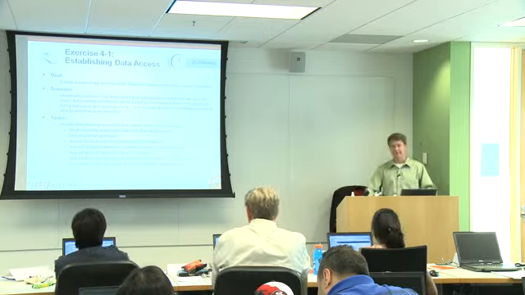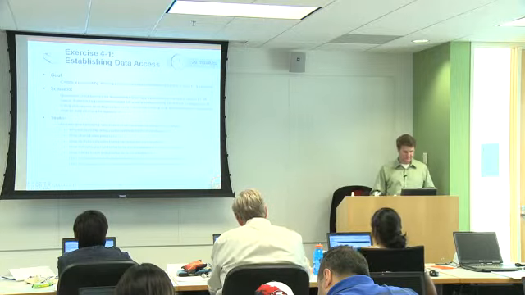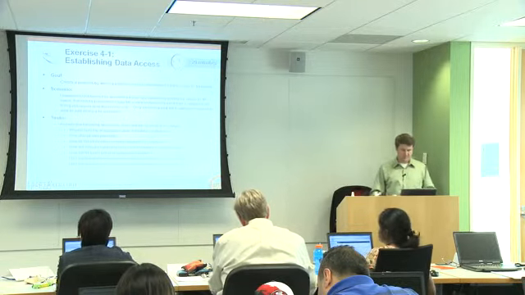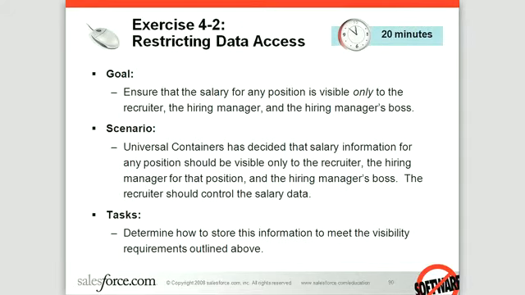All right, so let's talk about exercise number 2. Here we're going to restrict access to some sensitive data. And guess what? We get to do another discussion. It's pretty good at the end of the day, though, right? I mean, it beats listening to me.